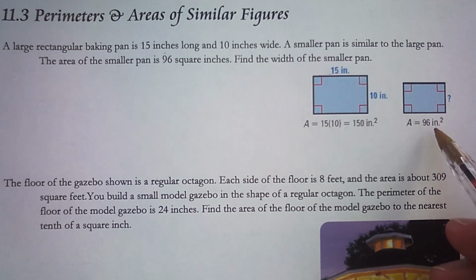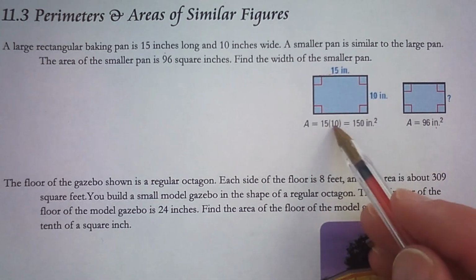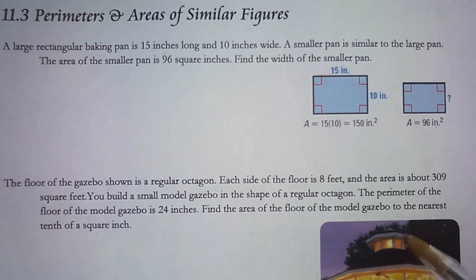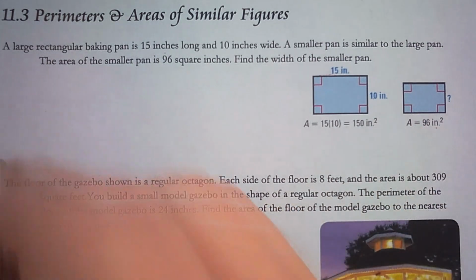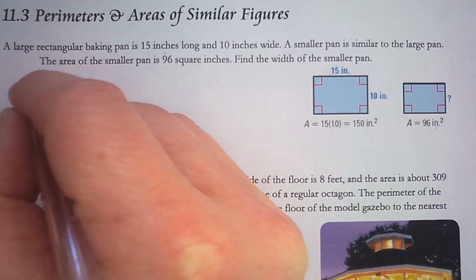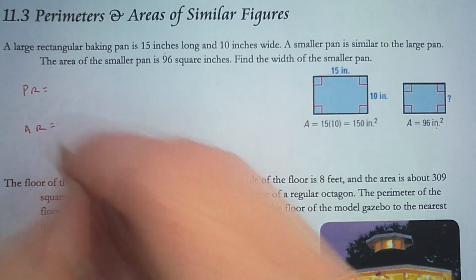So we are given that the area of this smaller pan is 96 inches squared, and by doing length times width, we can find that the area of this larger pan is 150 inches squared. So what we can get out of this is an area ratio. So there are two ratios we're working with, the perimeter ratio and the area ratio.